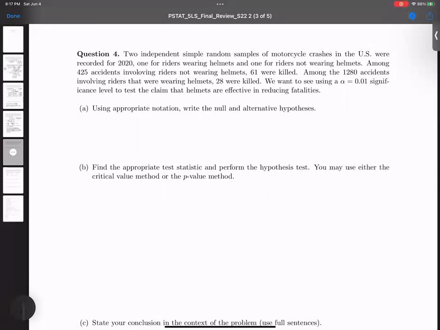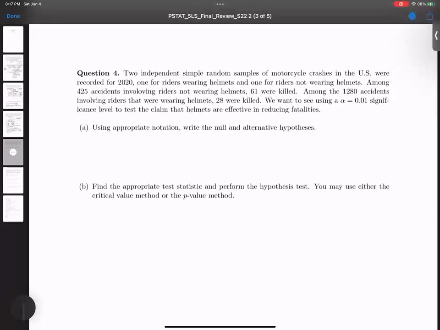Among the 1,280 accidents involving riders wearing helmets, 28 were killed. We want to test, using an alpha equals 0.01 significance level, the claim that helmets are effective in reducing fatalities.